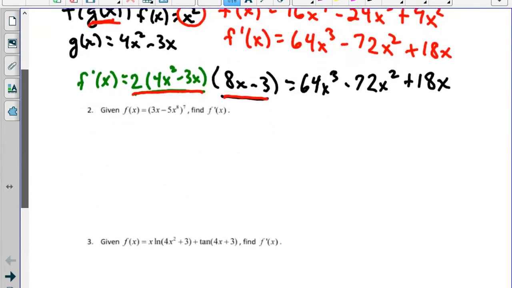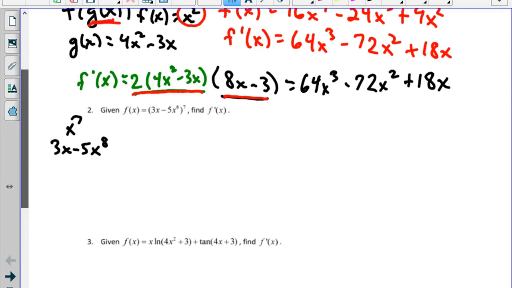So number 2, given this, well, we clearly can't use the distributive property unless we want to be here all day. So my two functions are, I have something to the 7th power. My outer layer function is x to the 7th, and my inner layer function is 3x minus 5x to the 8th.